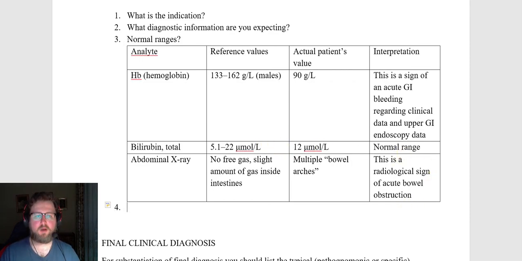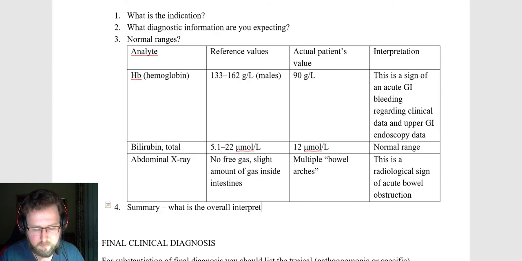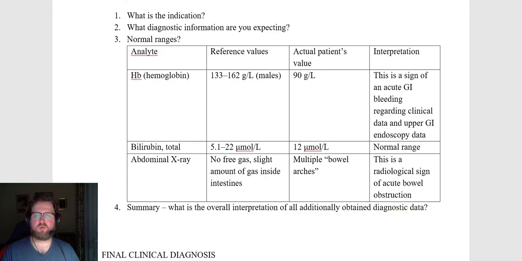And finally, number 4, after you describe normal ranges and pathology, you write a brief summary: what is the overall interpretation of all additionally obtained diagnostic data. A brief example may be like this.